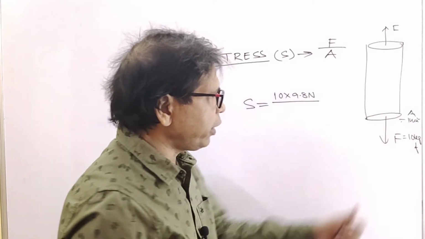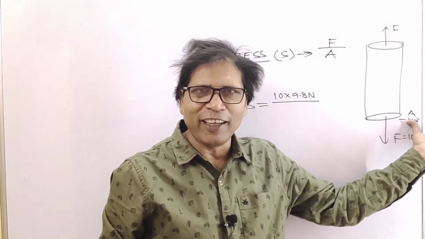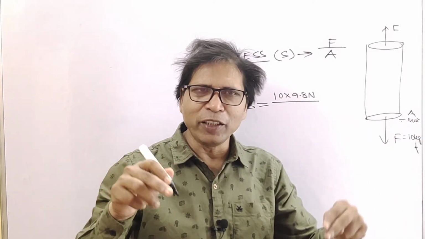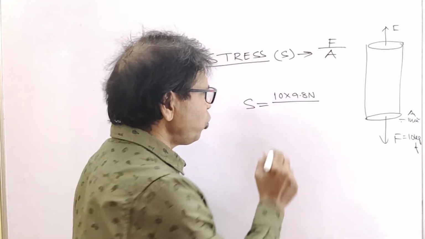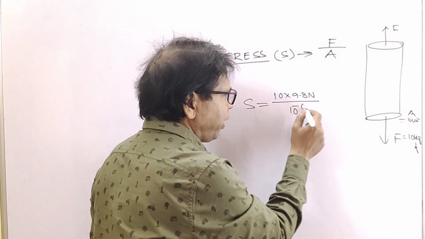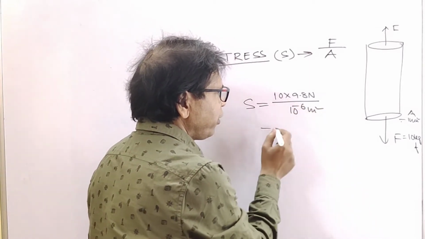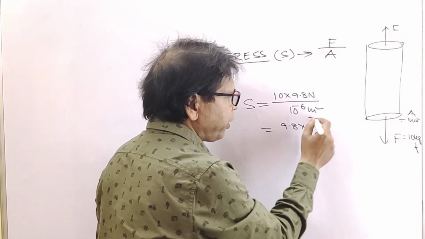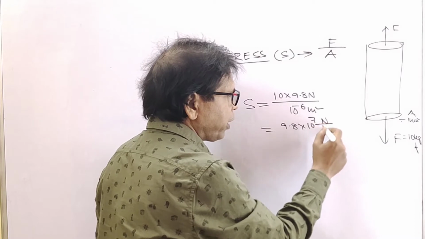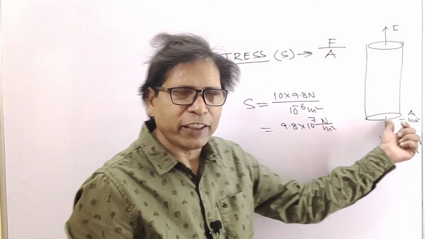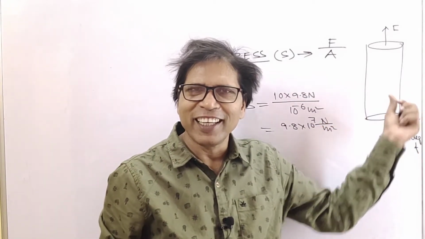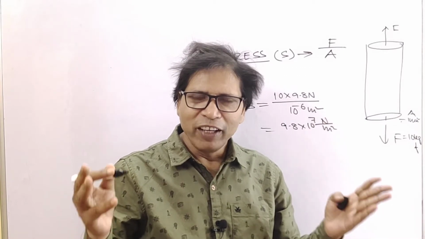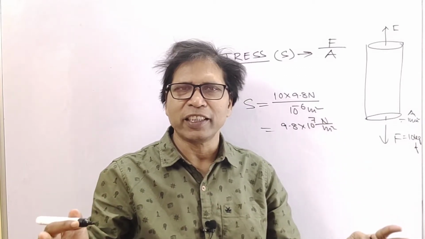Now area of cross section is 1 millimeter square. If it is converted into SI system, it should be 10 to the power minus 6 meter square. Therefore, this is 9.8 into 10 to the power 7 Newton per meter square, the stress on this substance. Okay. Now there are three types of stress.